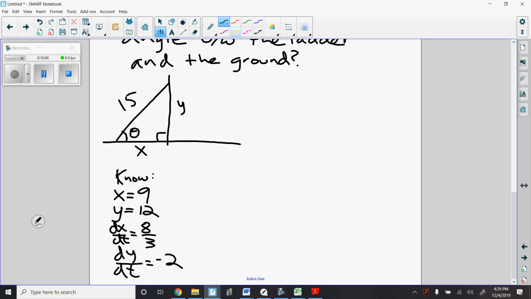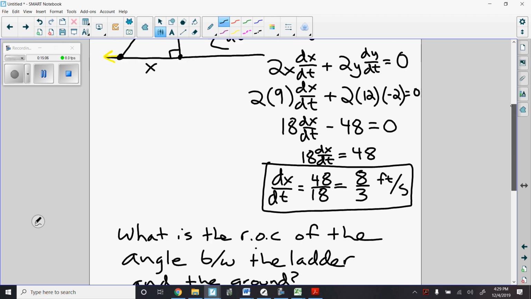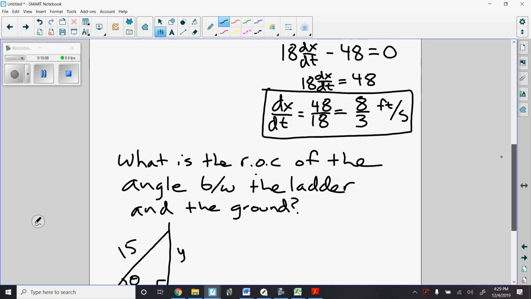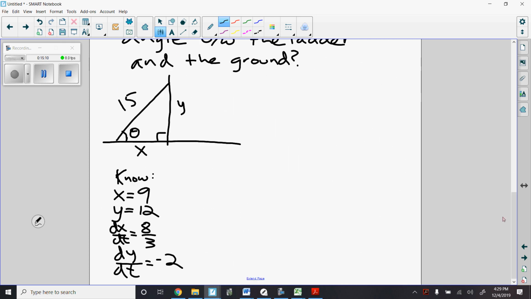Let me just make sure I copied those down right before I get too far. Yep, x is 9, y is 12. And what I need is the rate of change of the angle, so I need d theta dt. And I'm going to have to write an equation.